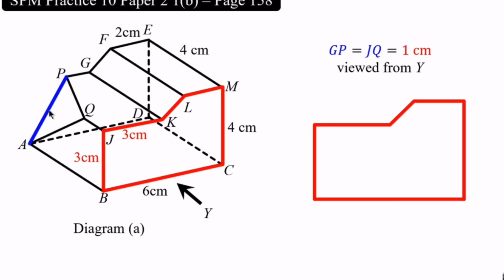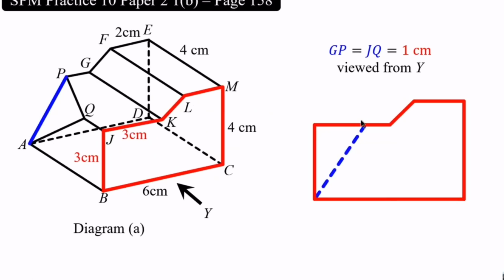All right, understand? The most important thing is you must know that GP is equal to JQ, 1 centimeter. So we start from the corner of G, then we draw the point P there, then we dash a line down to the point A.